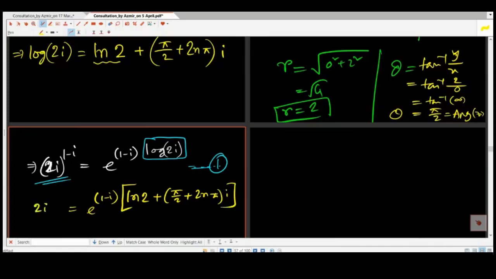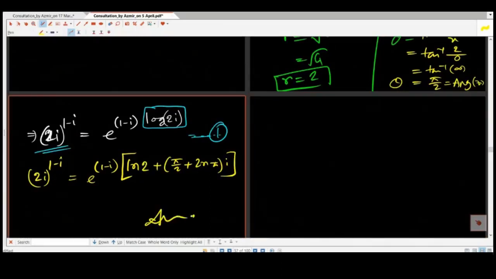So this is what 2i power 1 minus i is. So we have found our result. This is a multiple valued function because n is 0, plus minus 1, plus minus 2, and so on. That means for n equals 0, we will get a branch. For n equals 1, we will get another branch. For n equals 2, we will get another branch. That means we are getting a single valued function every time. All these are forming a multiple valued function.